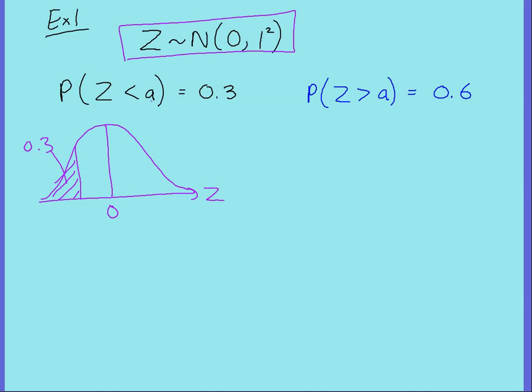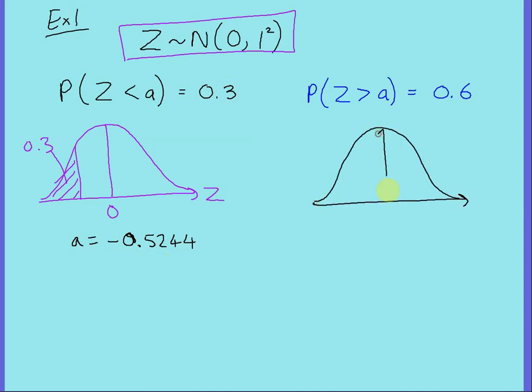So the standard deviation is put in as 1 and the mean is 0. So press equals, and we get this value here to be minus 0.524. And that means that to get a probability of 0.3, this value A is minus 0.5244 standard deviations below the mean.